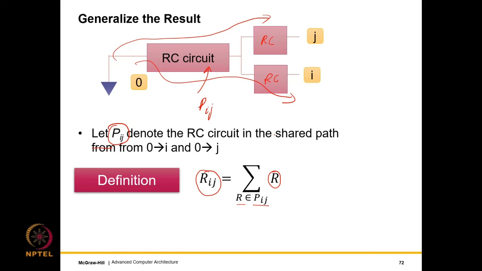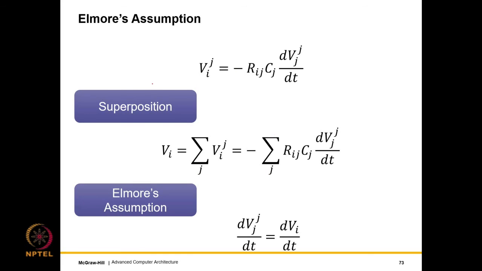So if I incorporate this formula into the next one, what I can say is Vij is equal to minus Rij, which is again the sum of resistances on the shared path, multiplied with this quantity which we have seen before. This is essentially the amplitude of the current source.